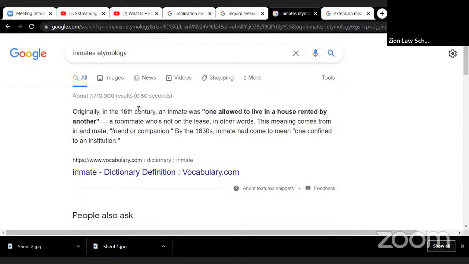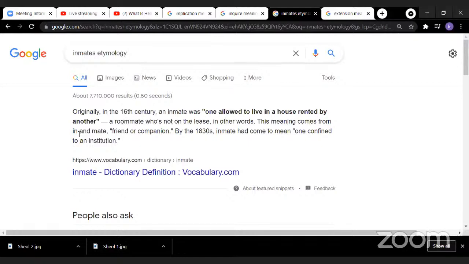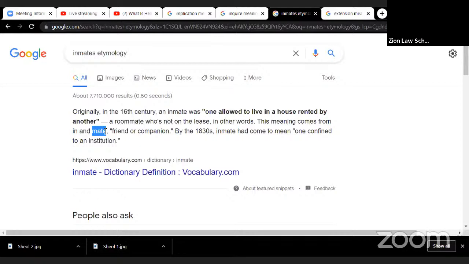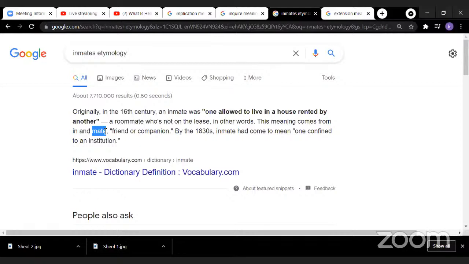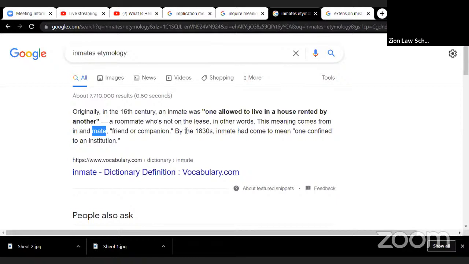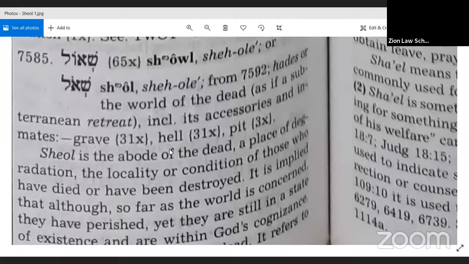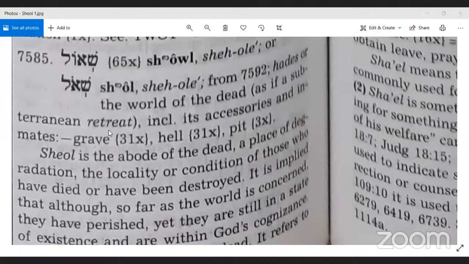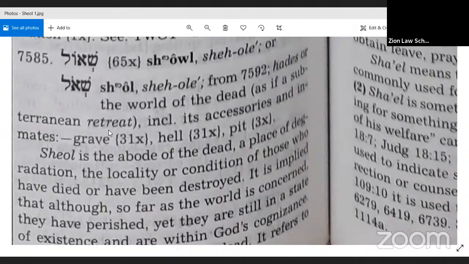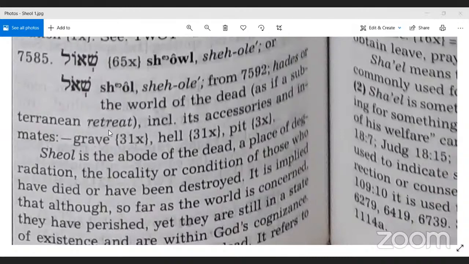This is just somebody who's not on the lease. Okay, so they use mate today as friend in Australia. Yes. So a friend or companion who's living in your house. So the connotation is not negative. Well, the etymology is not negative. The connotative meaning is negative. Right. They definitely have changed. Did you get that, Louis? Yes, I did. Okay, so excellent.